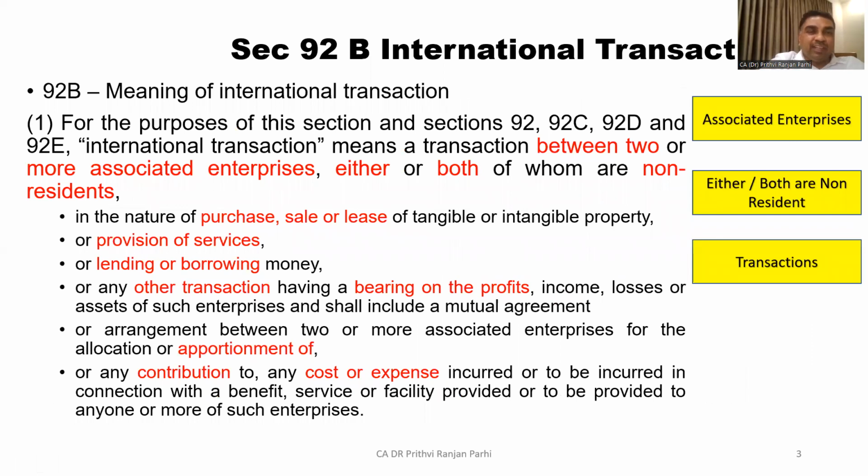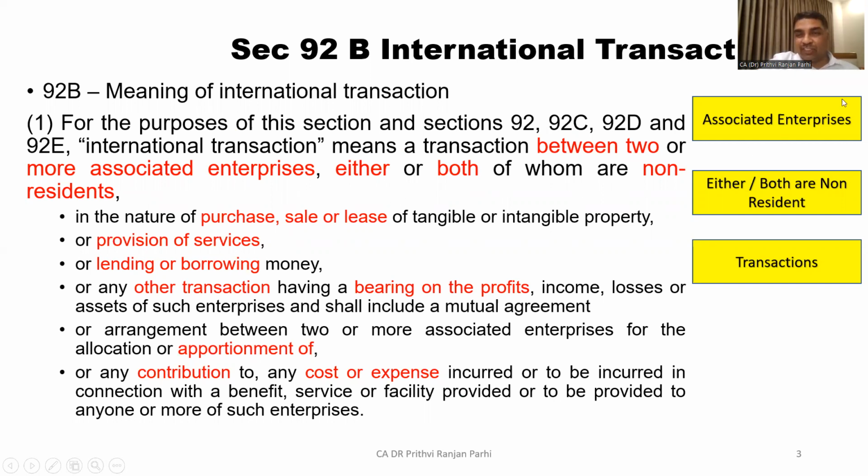Now from here, let me take you to section 92B directly, which explains what is an international transaction. You can look at the screen, you can find the exact definition, the meaning of international transaction. It talks about transactions between two or more associated enterprises, either or both of whom are non-residents.